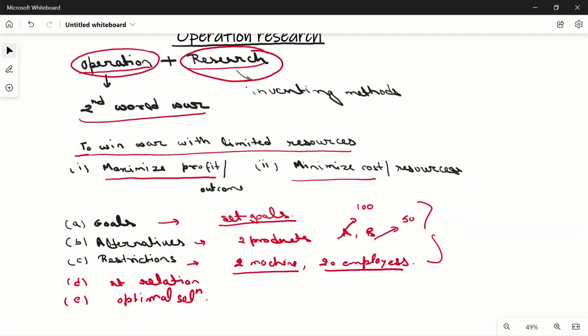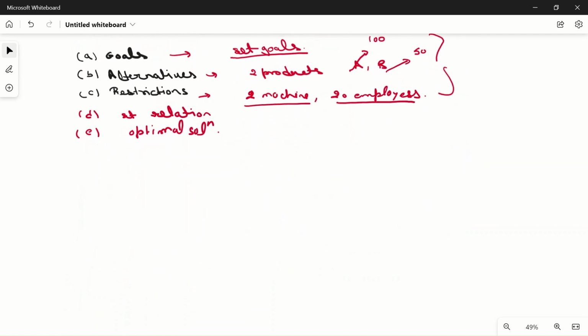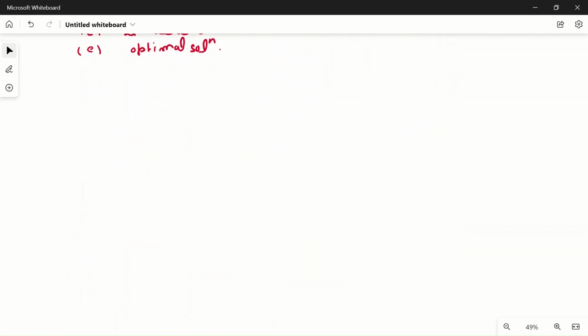Now next, what are the objectives of operation research? The objective is to do decision making. We have taken product A and product B. You have the option to make 100 quantity of A and 50 quantity of B. If you ask random people how much of product A and product B you should produce, they cannot say blindly that we should produce this much of A and this much of B. You have to make the decision, and how will you make it?